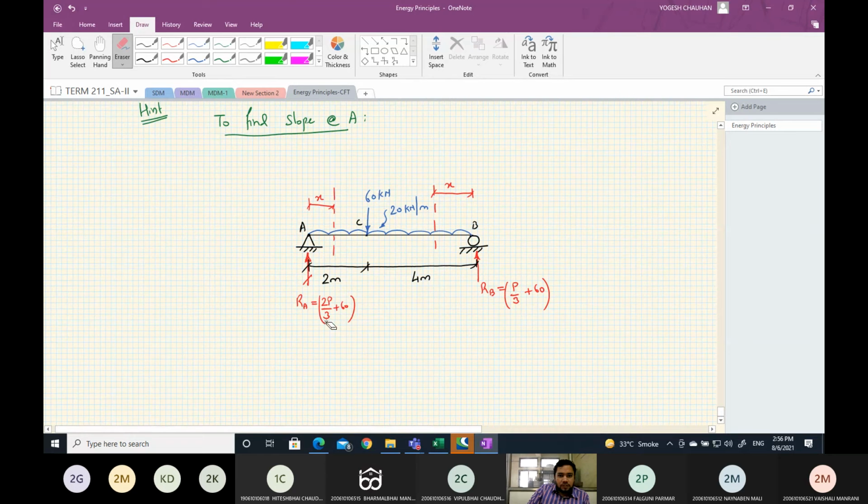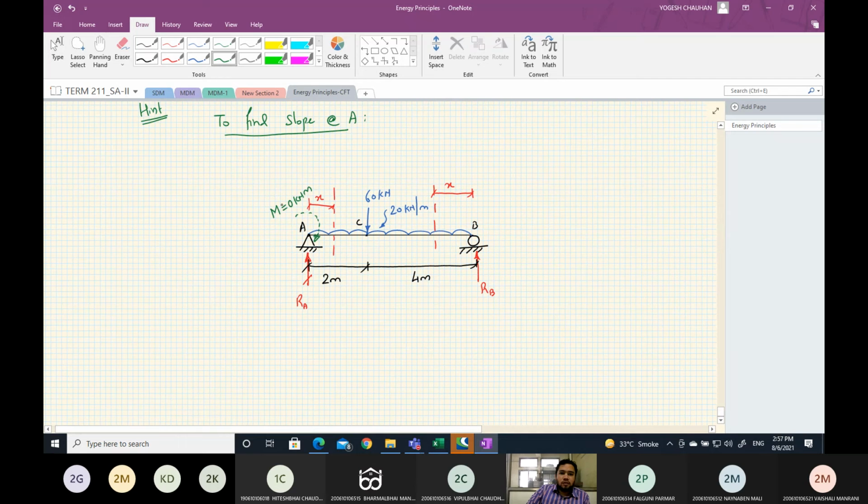this will be say 60 only, but this time your reaction will be different and you have to apply a fictitious moment at A. So apply the moment at A which is equal to 0 kilonewton meter.